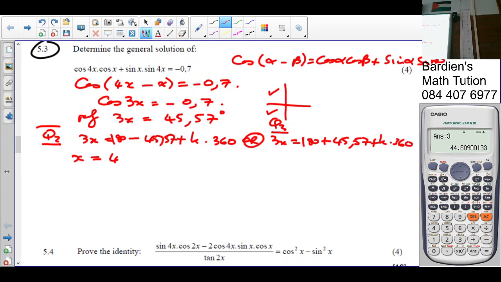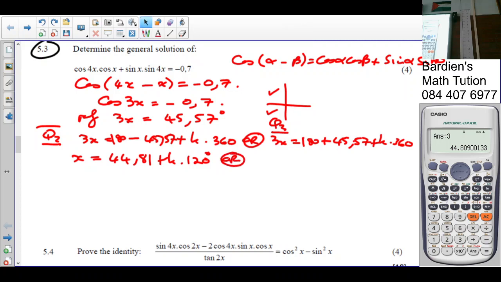So it's 44,81 plus k times 120 degrees, or 180 plus 45,57 divided by 3, an answer of 75,19.